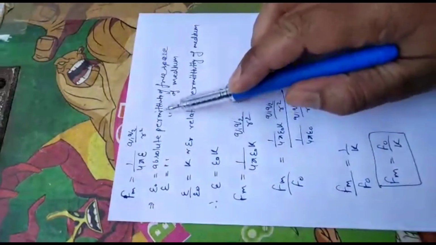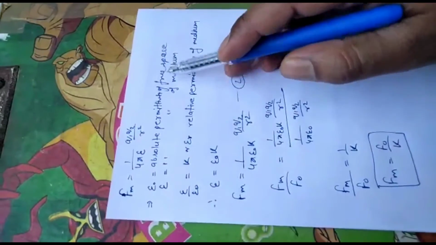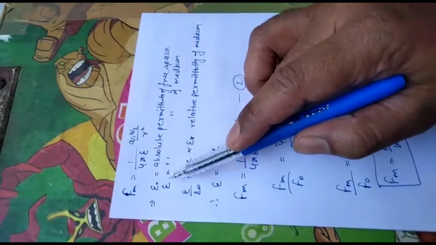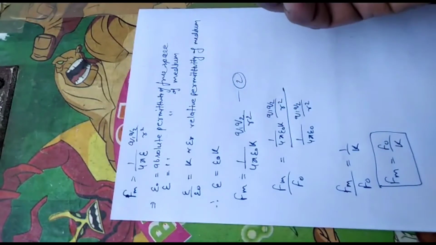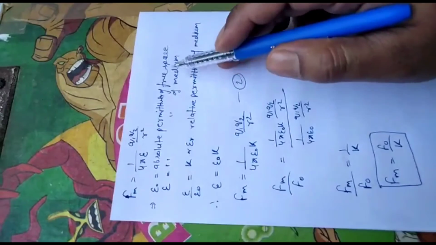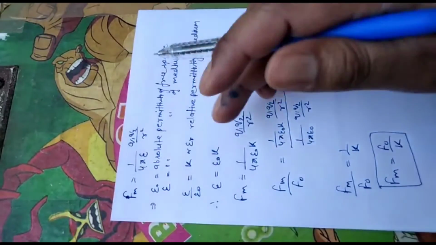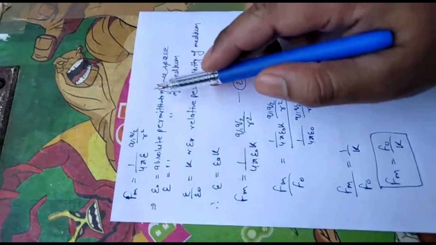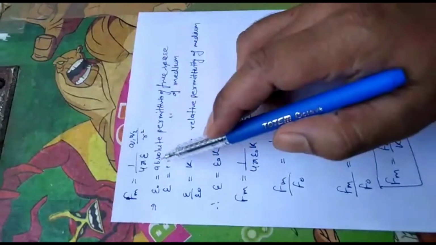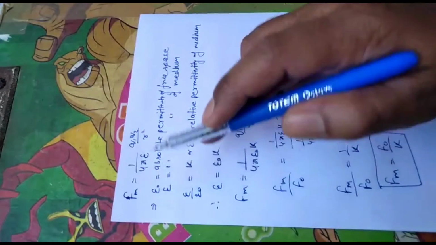It is the absolute permittivity of free space. And what is epsilon here? Absolute permittivity of the medium. What amount the medium is permitting the force between two charges is defined by epsilon, and what amount free space is permitting the force is defined by epsilon naught.